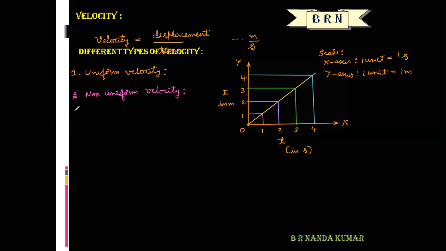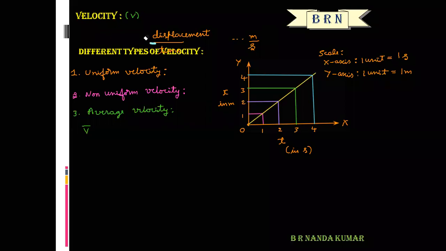And the next term that is very important is average velocity. The symbolic representation of average velocity is v bar. The symbolic representation of velocity is v. What is the expression for velocity? Velocity is displacement per unit time.